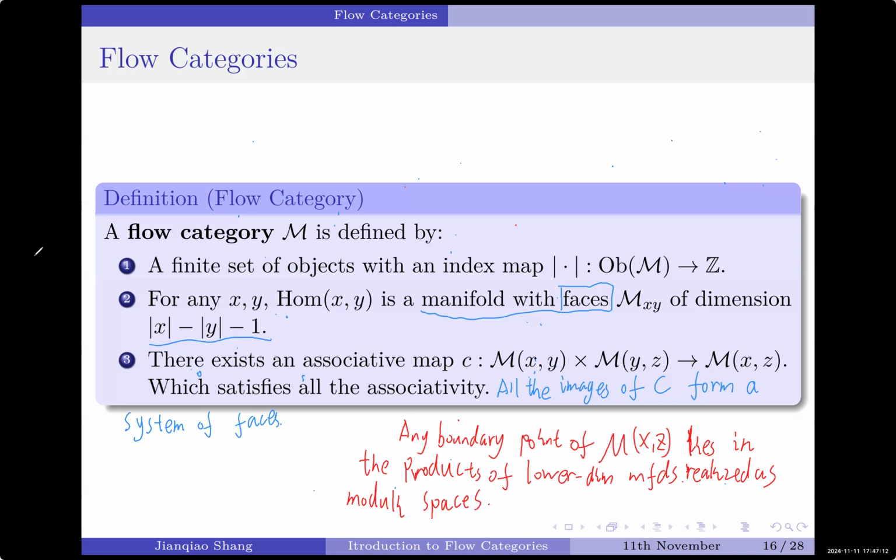Okay, and this is just what we already said, compactification in Morse theory. So that's a general definition of a flow category.